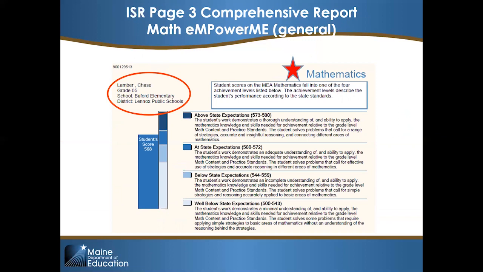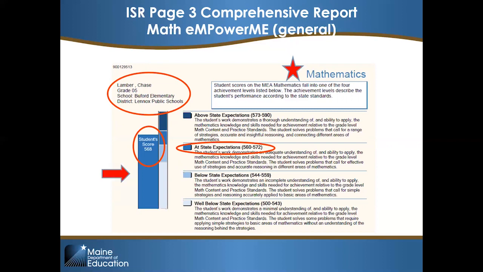Chase received a scale score of 568 on the math. This score places Chase in the achievement level of at state expectations. For 5th grade Empower Me Math, the score ranges for this achievement level are 560 to 572, with a definition of the achievement level for math describing the quality of a student's answers on that assessment.